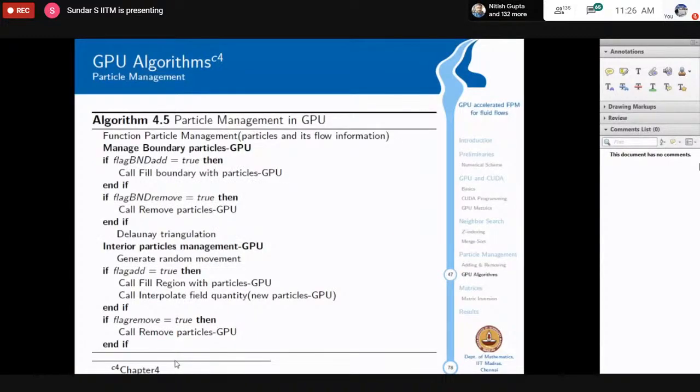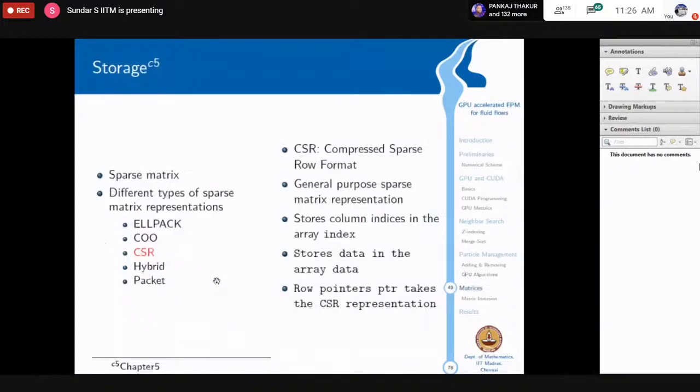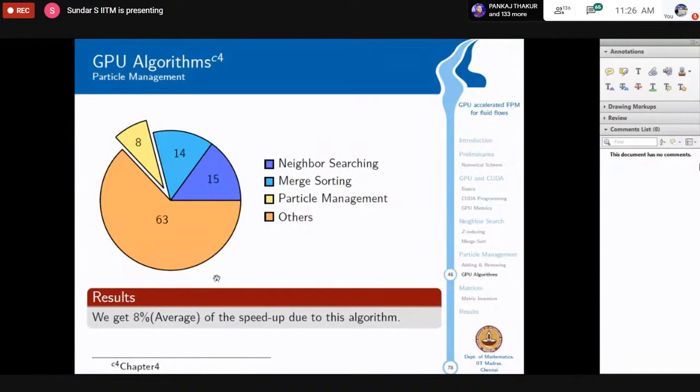So this is the particle management algorithm, which I have shown you already. With particle management I get 8% speed up, I cannot get more than that, 8% on average. In here I am getting 14% and 29% speed up together. Here I am getting 88% speed up.